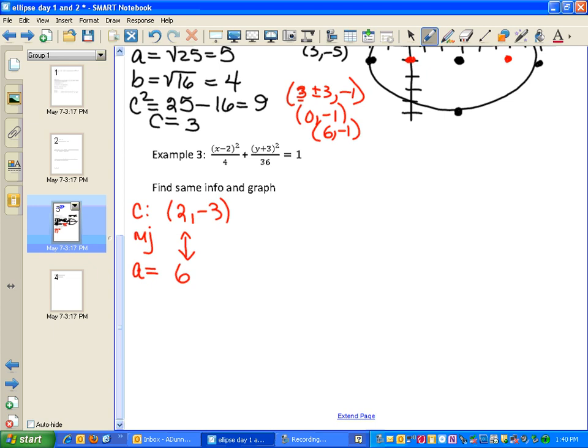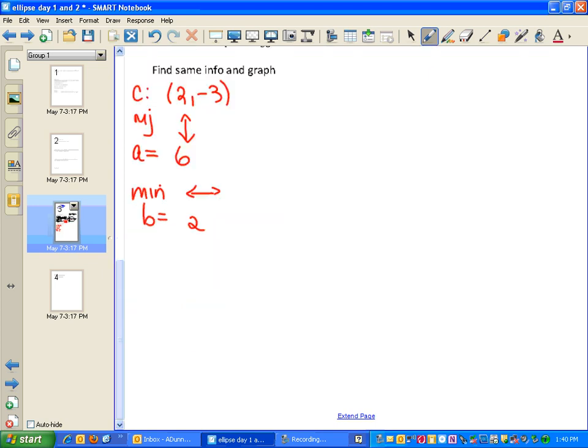This is A squared. Minor axis then means we're going left and right. So what is my B? Yes? Okay.